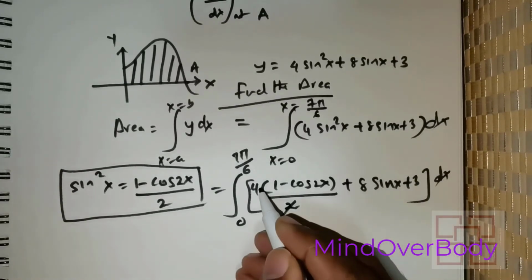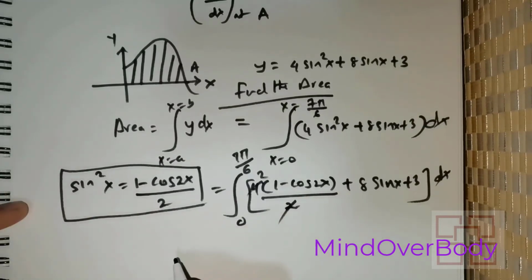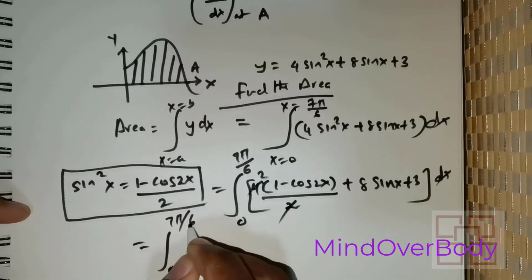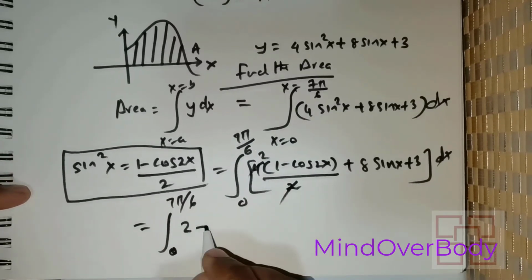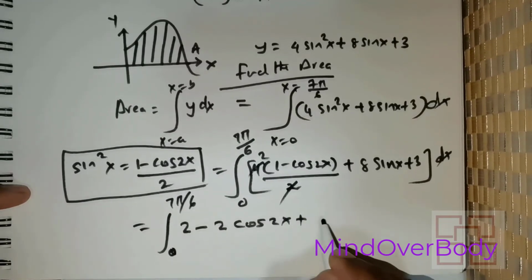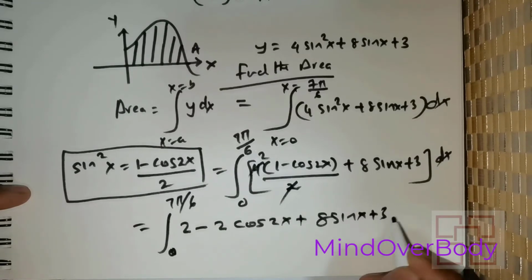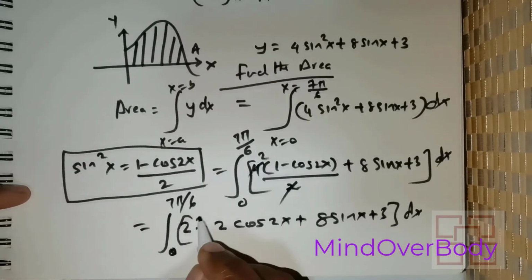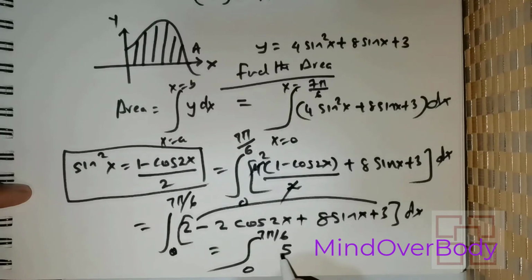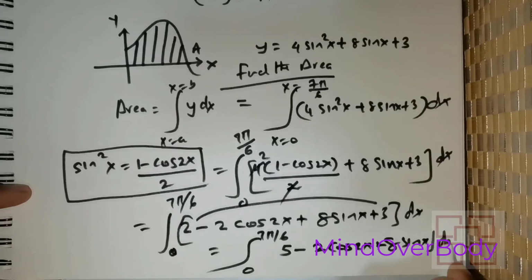Now 2 divides 4 two times. So I can rewrite this as integral 0 to 7 pi over 6 of 2 times 1, which gives me 2, minus 2 times cos 2x, plus 8 times sin x, plus 3, dx. I can add 3 with 2, so that is going to be integral 0 to 7 pi over 6 of 5 minus 2 times cos 2x plus 8 times sin x, dx.